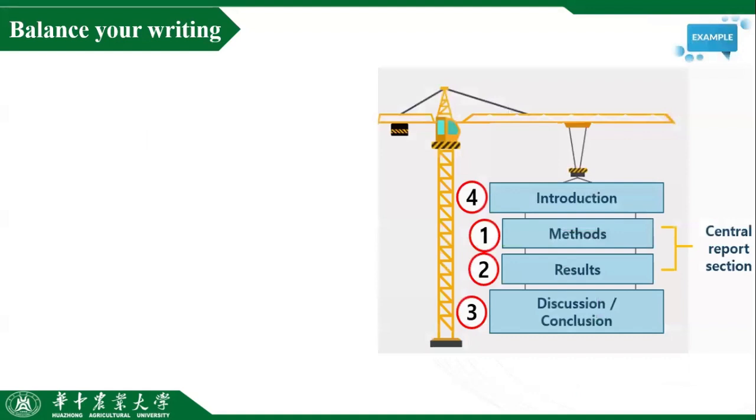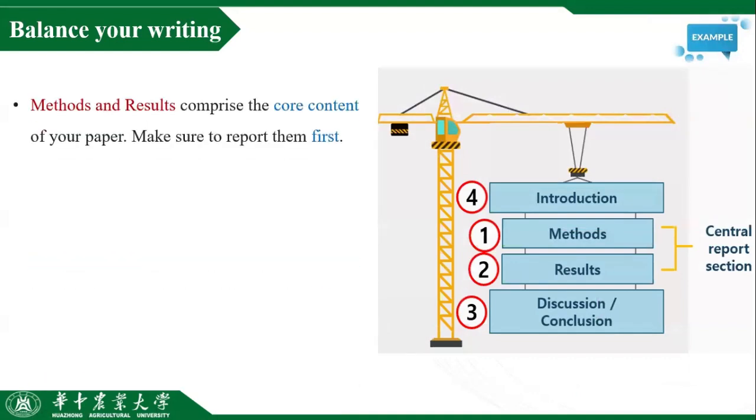After that is to balance your writing. So what does it mean? The method and result is the core part of your paper. So this is the most important part.